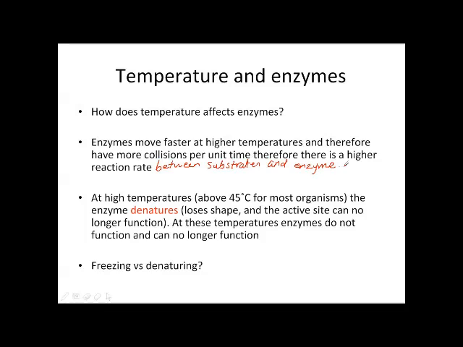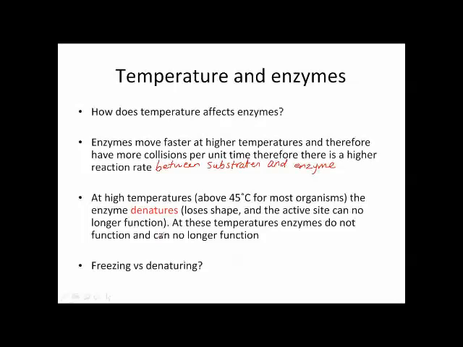Okay, so there's a high reaction rate between substrate and enzymes because both the enzymes are moving faster and the substrates are moving faster. Therefore, there are going to be more collisions. So this is all collision theory, which you should have covered last year, and in chemistry if you're doing chemistry as well, and probably even physics as well. So it's a very, very wide concept.